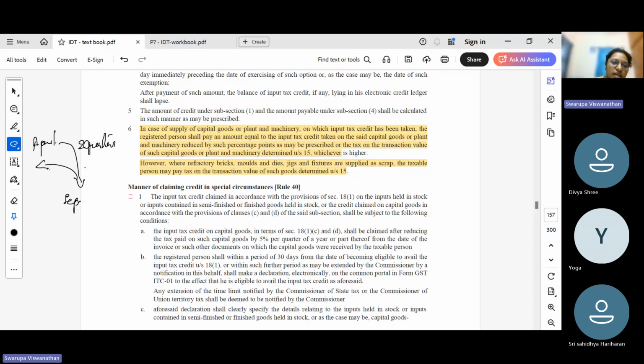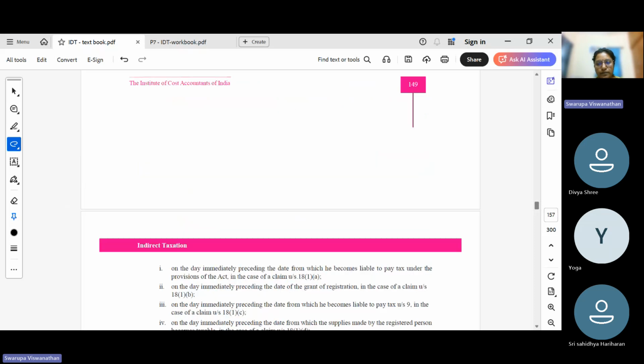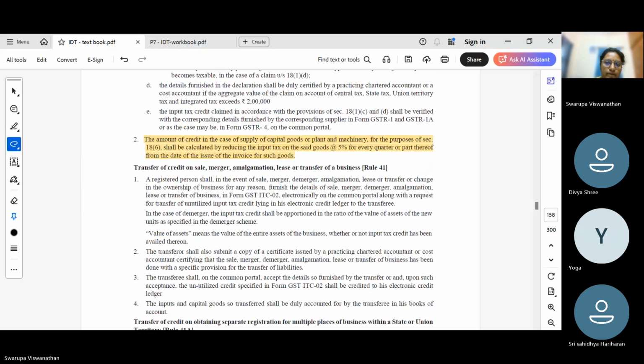So for 2 quarters, I have to reduce 5% of the value and 5% of the ITC accordingly. And then the balance credit can be availed in the month of September when I am getting myself registered, or when there is a change in the registration, when you are moving from composition scheme to a normal scheme, then also you can take credit. And for capital goods, it is reduced by 5% per quarter or part thereof.